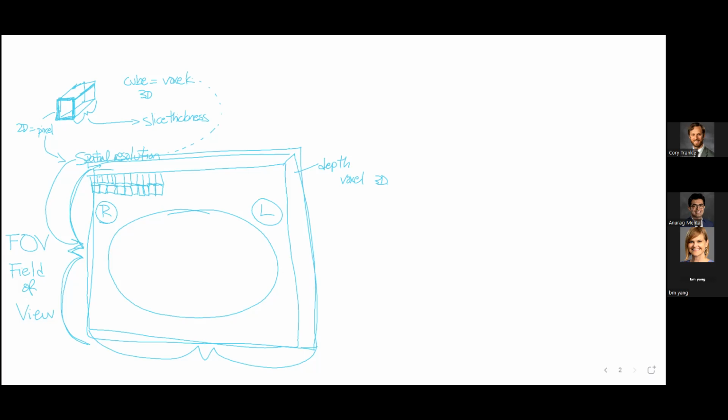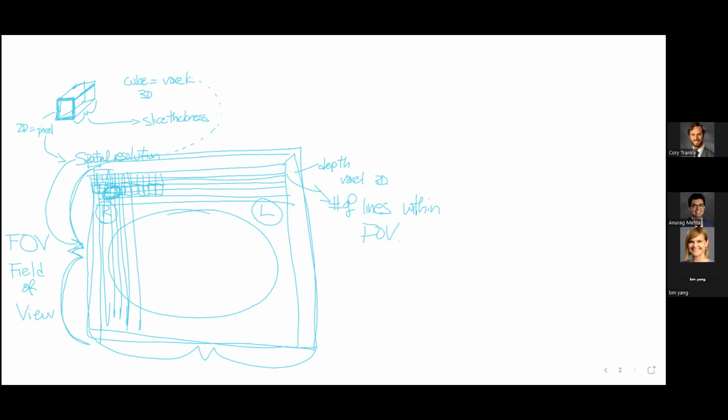The matrix is the number of lines that you are going to put within the field of view. Okay? And you got these coming down. That's what makes the pixels. You see? That's how we get the squares. So the matrix is going to be the number of lines within the field of view.